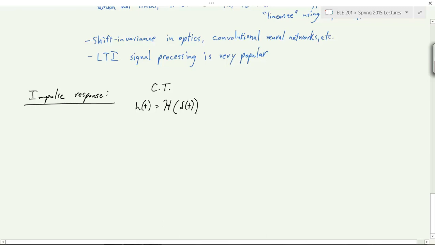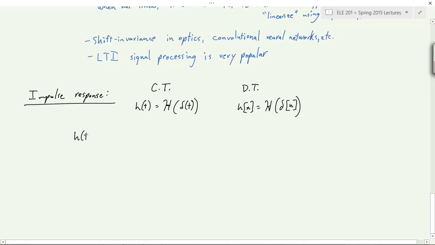Okay, now this is that delta function we defined previous lecture, right? The Dirac delta function, because this is continuous time. In discrete time, same thing. Of course, the delta function here is much simpler. It's the Kronecker delta function. It's a very simple function to understand. So suppose you put that signal into your system and you get something out. We'll call that the impulse response.